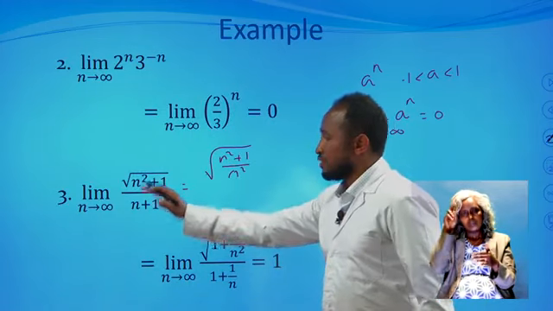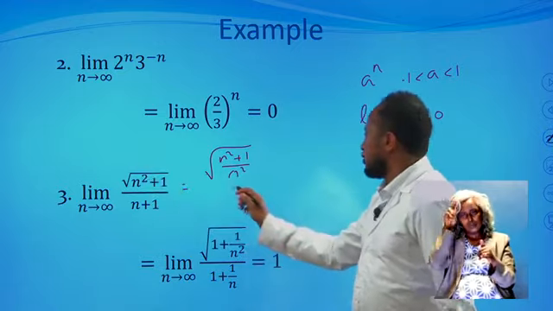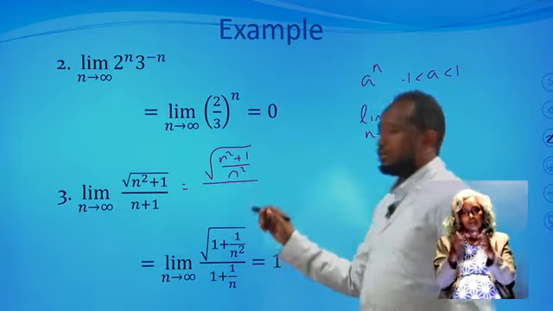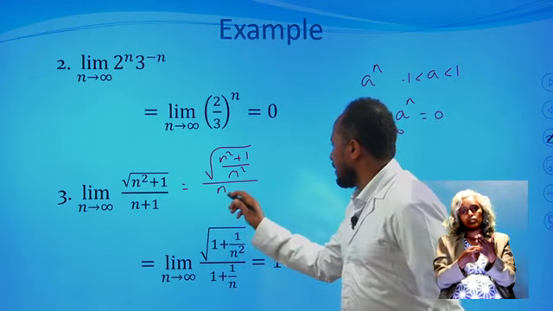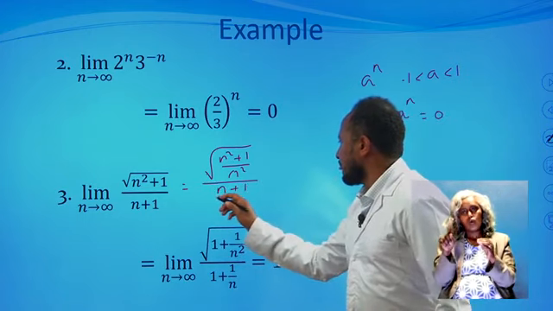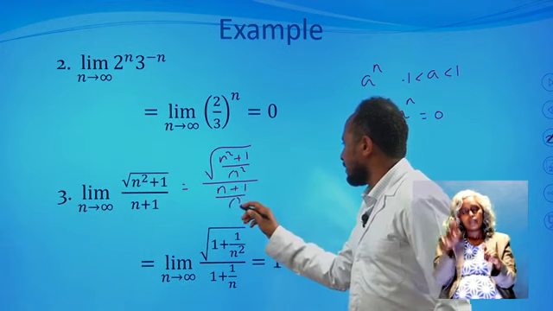The denominator part, square root of n squared, means n, so this will be n plus 1 over n.